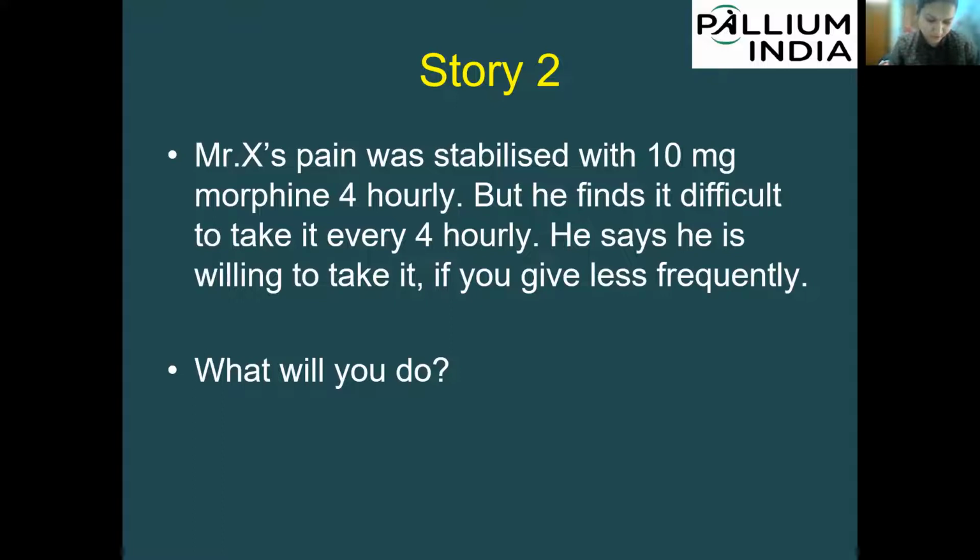So we can change the regime to 6 hourly, like 12.5 mg at 6 a.m., 12.5 at 12 noon, 12.5 at 6 p.m., and at night we can do the doubling, like 25 mg. Okay. Do we have any other answers?